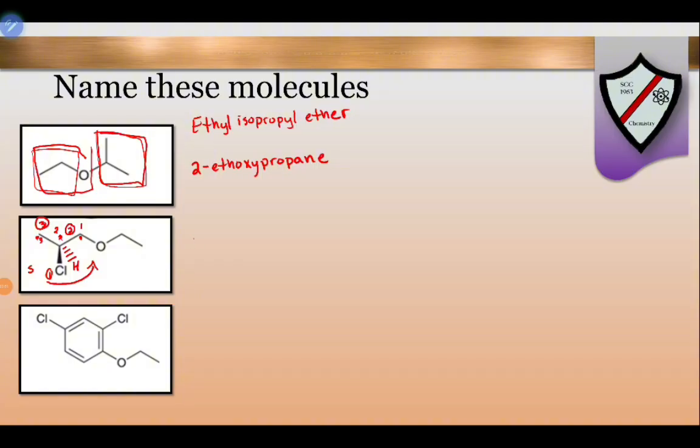So this is going to be (S)-2-chloro-1-ethoxypropane.